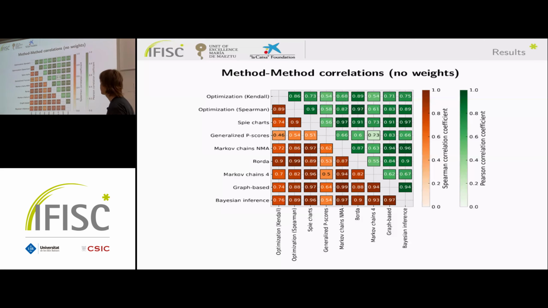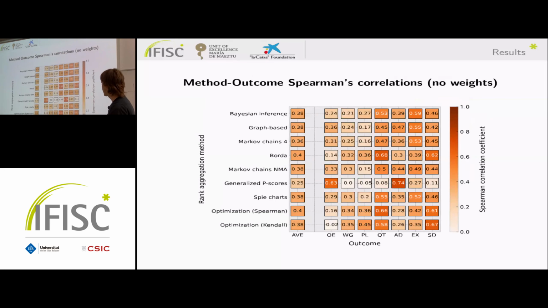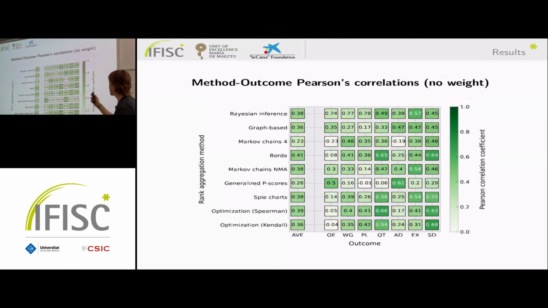competitive with the others. Here we have, okay, since we don't have much time, let's just look at the Pearson correlations. Here we have the Pearson correlation between the aggregated ranking and the original outcomes. So these are the original outcomes. This AVE is the average, so this value here is the average of the row. In general, we wanted the aggregated ranking on average to be similar to the ones that we are aggregating.